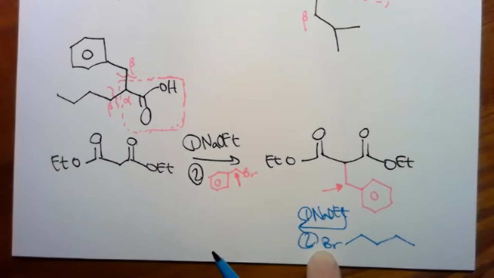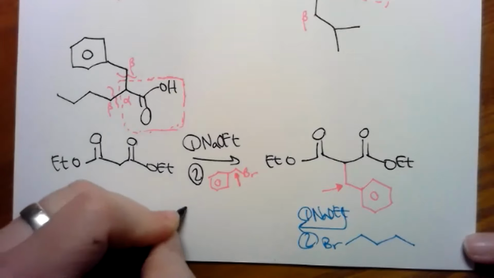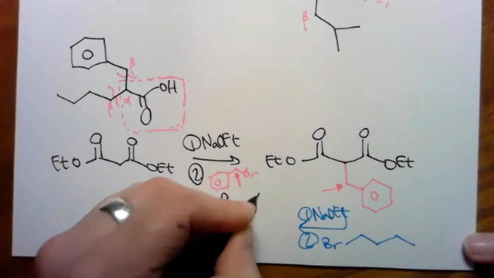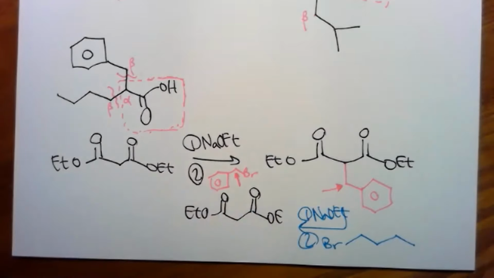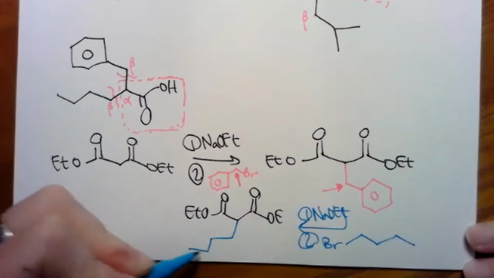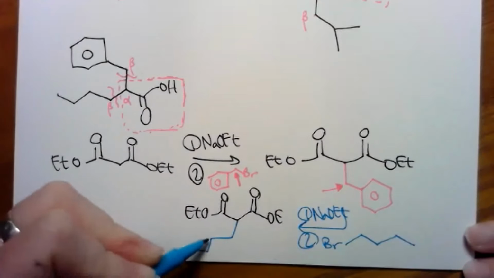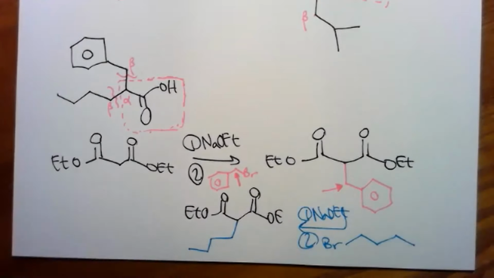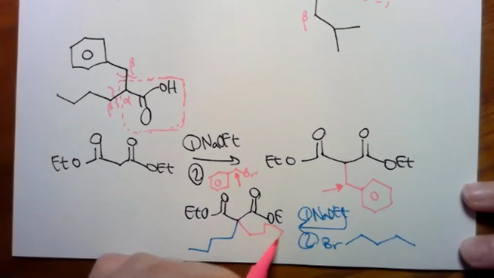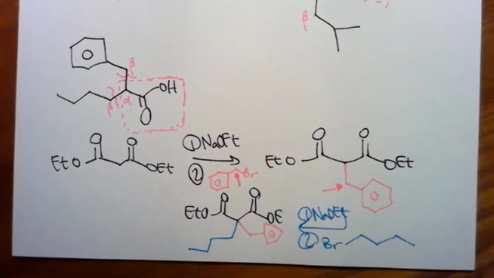Sure, there are other options. I get this guy. Four carbons get connected from my blue thing, plus my pink thing. I just realized I left off a T.